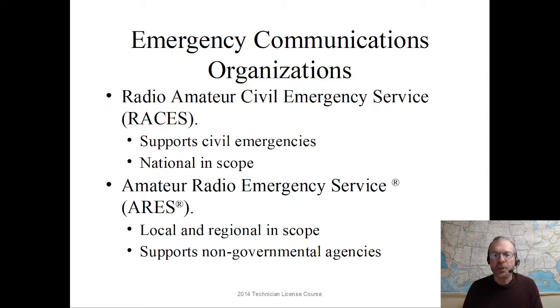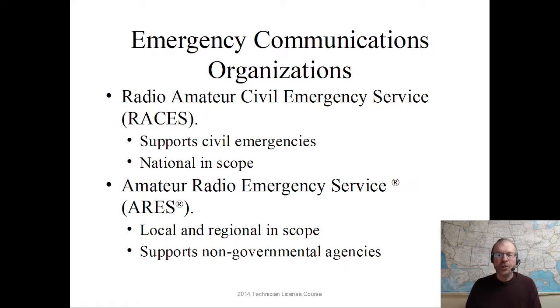There are some emergency communications organizations that you should know about. Radio Amateur Civil Emergency Service, RACES, R-A-C-E-S, supports civil emergencies and is national in scope. So this is mostly connected with governmental organizations type of thing.